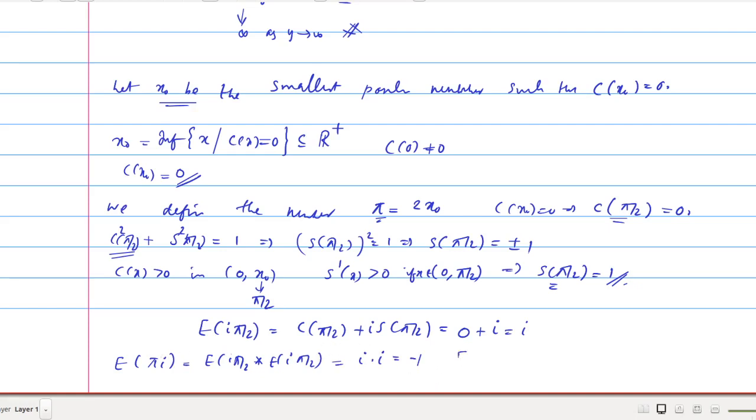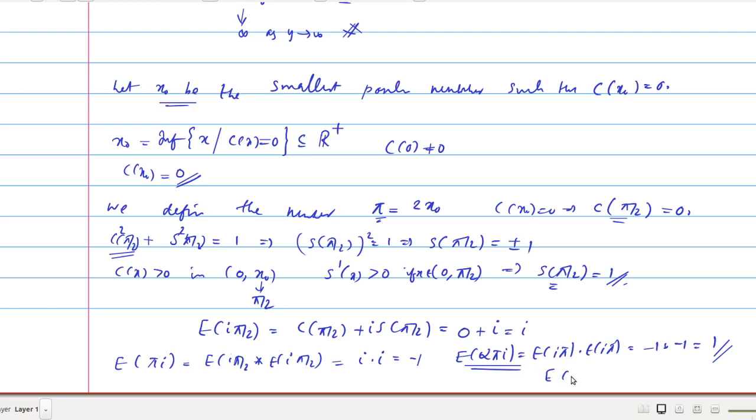Now what is e of 2 pi i? This can be written as e of i pi into e of i pi, that is minus 1 into minus 1, that is equal to 1. So e of 2 pi i is equal to 1.